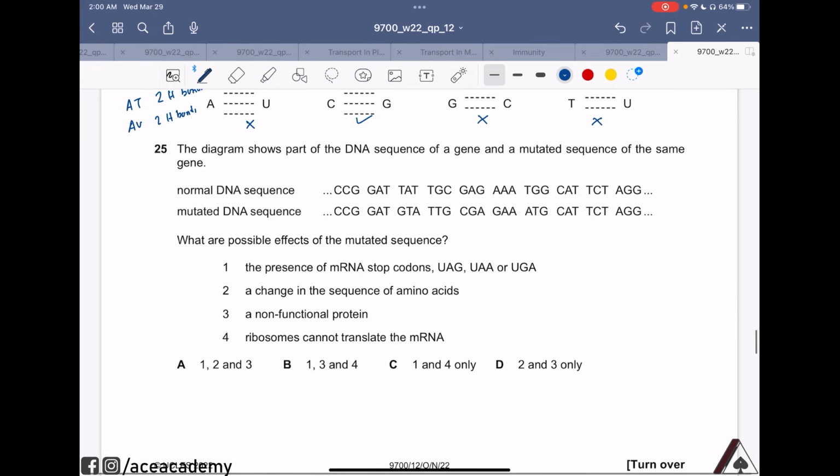Number 25. The diagram shows part of the DNA sequence of a gene and a mutated sequence of the same gene. CG, CCG, CCG, GAT, GAT. After this, it seems that all of the amino acids are incorrect. So what are the possible effects of the mutated sequence?